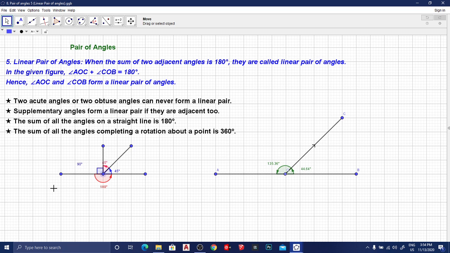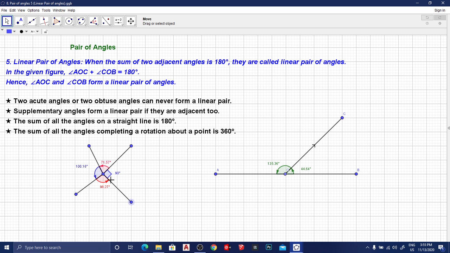Okay, 360 degrees. If I take this angle like this somewhere, and if I take this angle like this, if you add these four angles also, you will get exactly 360 degrees. The sum of all the angles completing a rotation about this point is 360 degrees.